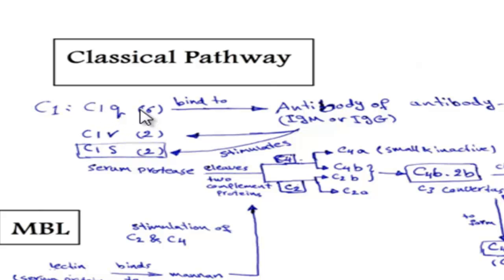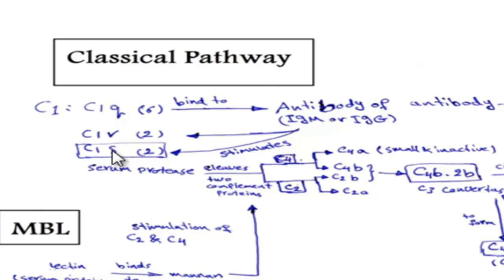C1Q is composed of 6 molecules, C1R 2 molecules, C1S also 2 molecules. This pathway begins with the binding of C1Q to the antibody of the antibody-antigen complex. The antibody here is immunoglobulin M or immunoglobulin G. By this binding, stimulation of C1R and C1S occurs.